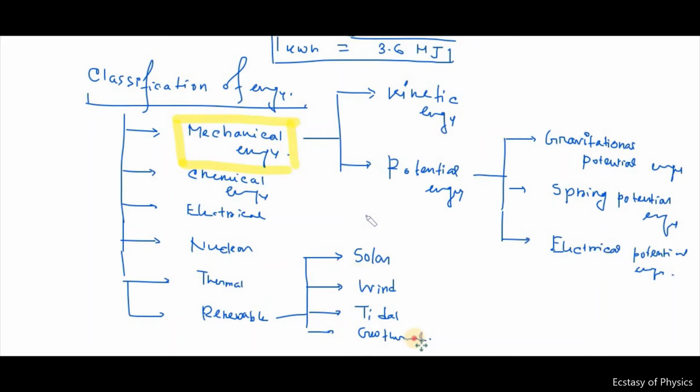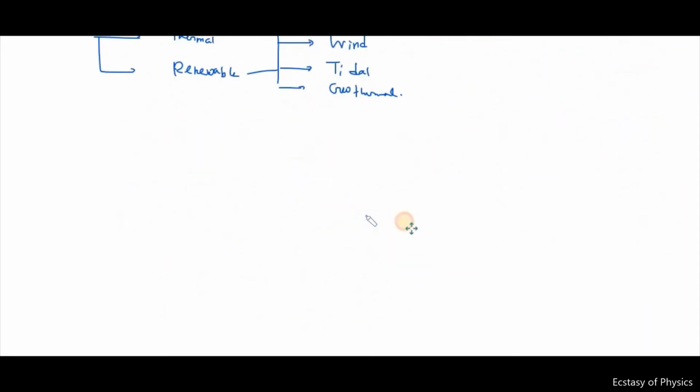So first of all, the kinetic energy. Kinetic energy is related to motion, or specifically we can say the energy possessed by any object by virtue of its motion, that we consider as the kinetic energy.